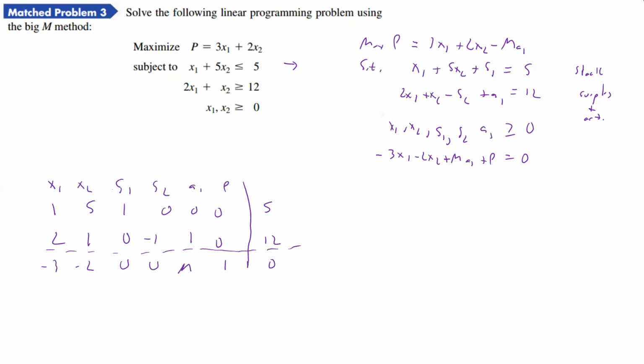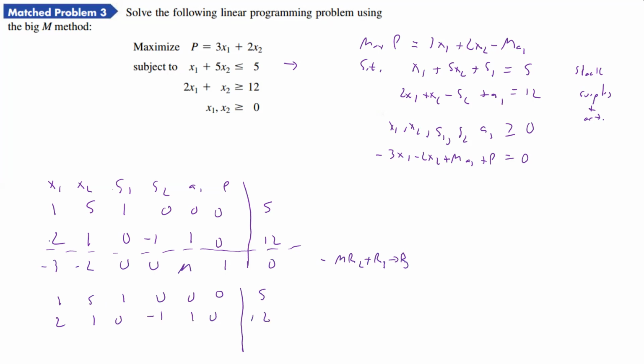Doing this, now we have to take minus M row 2 plus row 3 goes to our new row 3. That's going to be 1, 5, 1, 0, 0, 0, and then 5. Then 2, 1, 0, minus 1, 1, 0, 12.